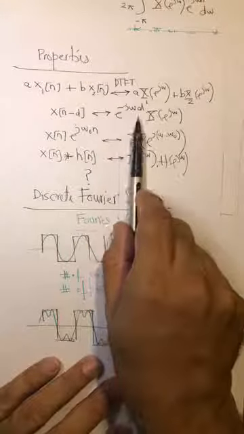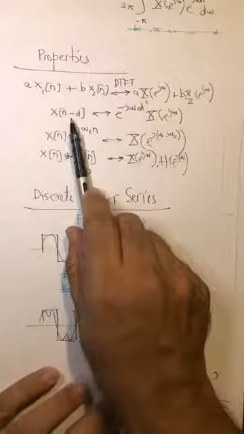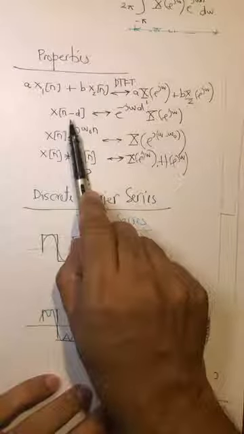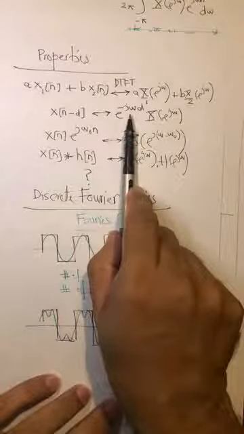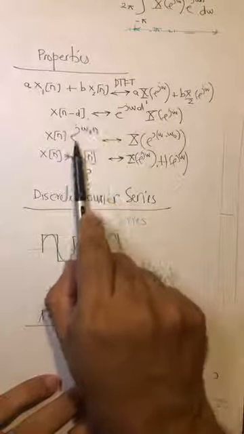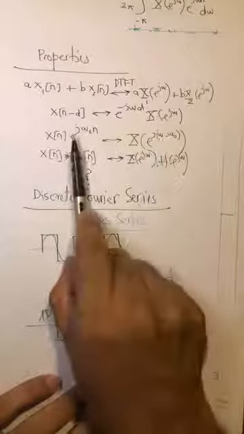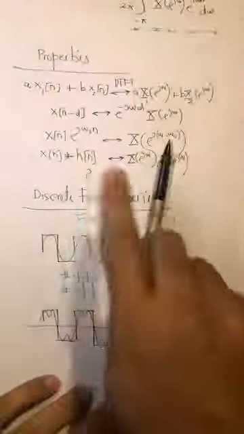Now this property has changed, and it has become a circular shift, because a linear shift property will not apply to the discrete formula of the Fourier transform. Similarly, this property has changed. It is a circular shift in k, not the linear shift as we have done here. So the frequency coefficients will rotate and come back as if they are moving in a circle.